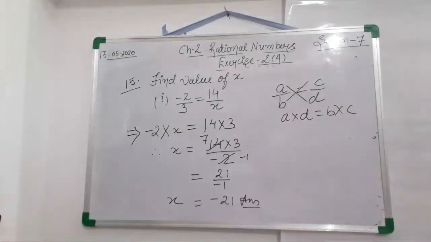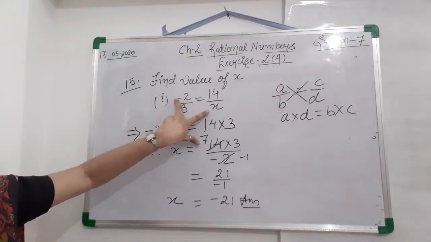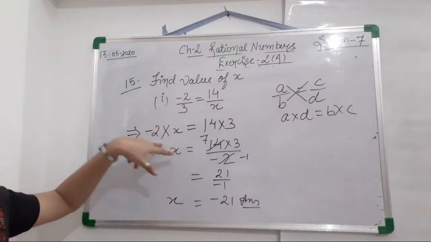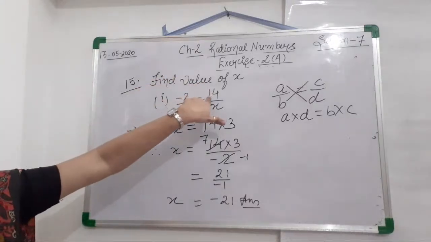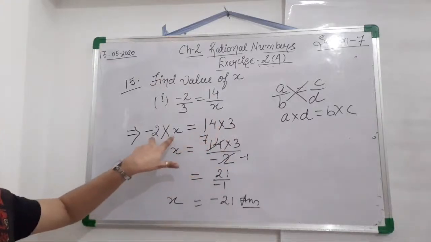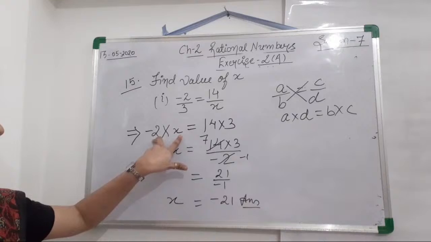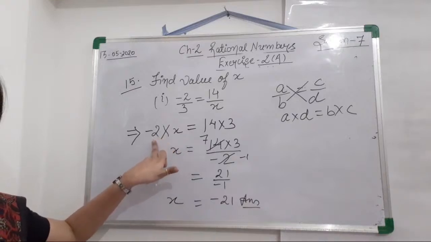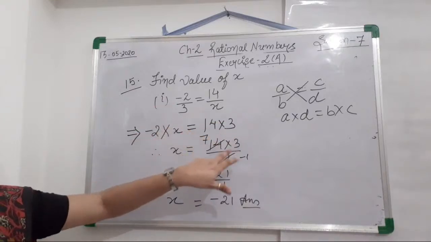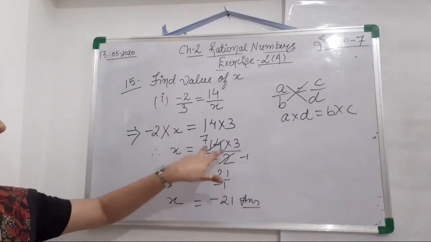Again I am telling you, because the negative sign was there, we will multiply this. I have written this, then we will multiply this 2 is equal to, according to this concept. Now this minus 2 is multiplied by this variable, so when it goes this side, it goes in the denominator.